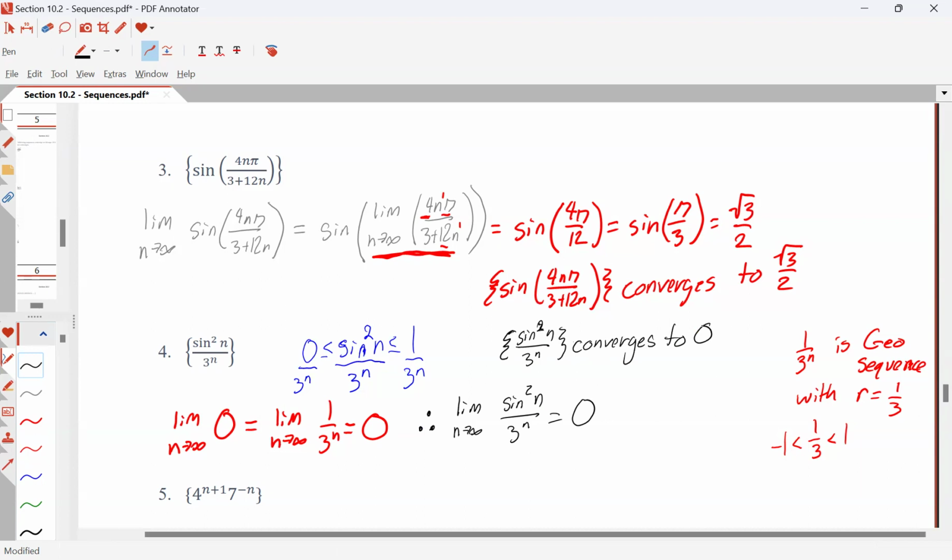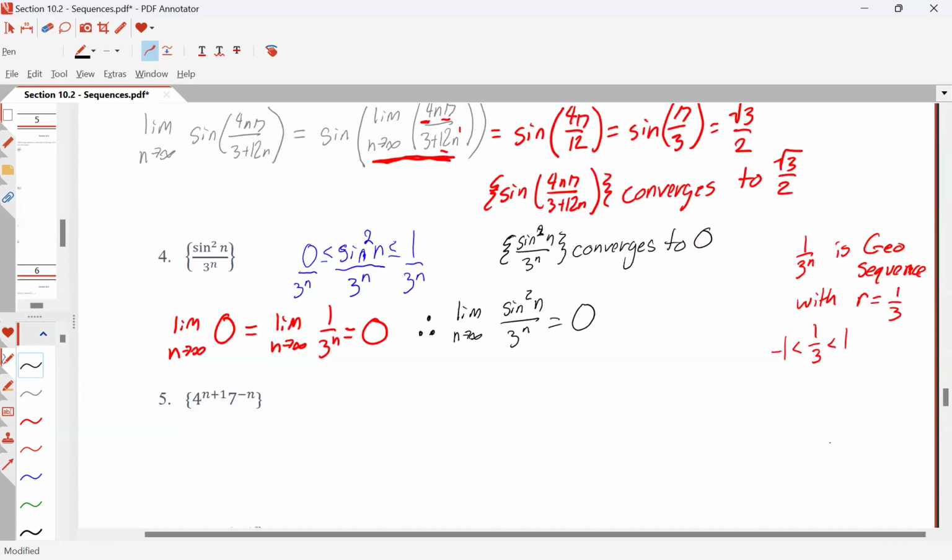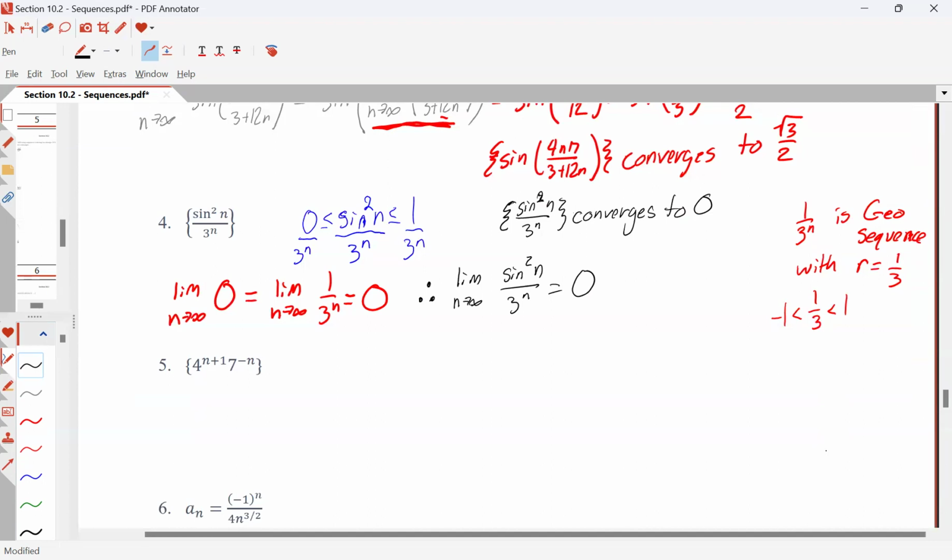Next example, 4 to the n plus 1 times 7 to the -n. This one requires a bit of rewriting. When we're looking at the limit, a negative exponent drops that base to the denominator.